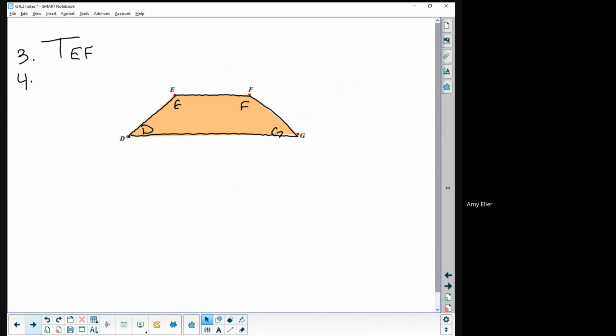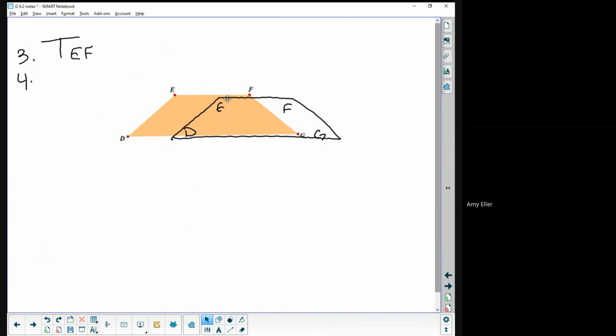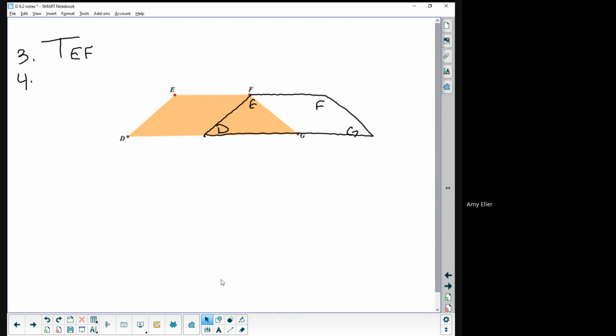In this case, we're going east. There is some overlap. There should be.